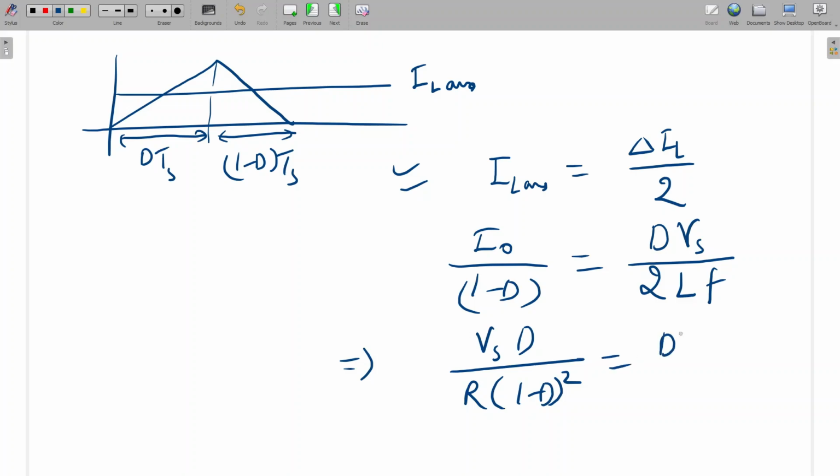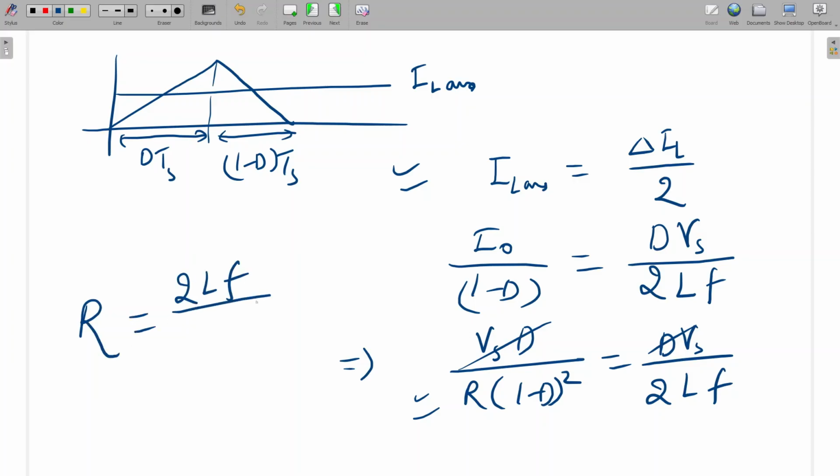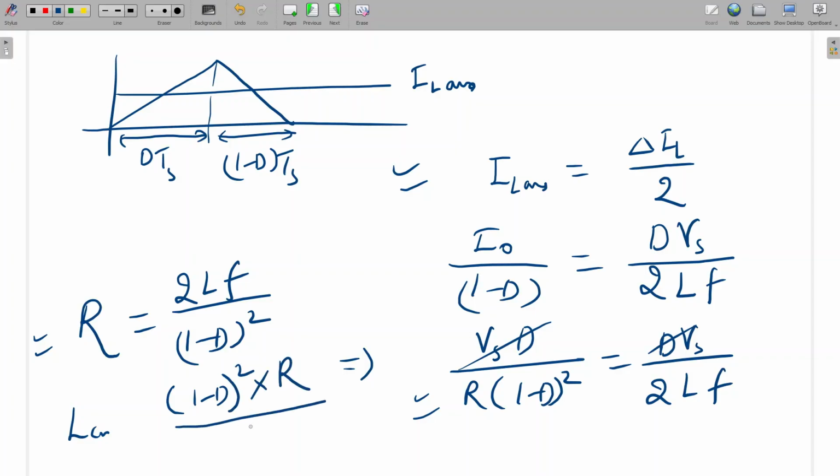This is equal to dVs by 2Lf. Same equation, so dVs will be cancelled. So what will be the value of R? R critical will be 2Lf divided by 1 minus d square. In other way, we can say that L critical will be equal to 1 minus d square into R divided by 2f.